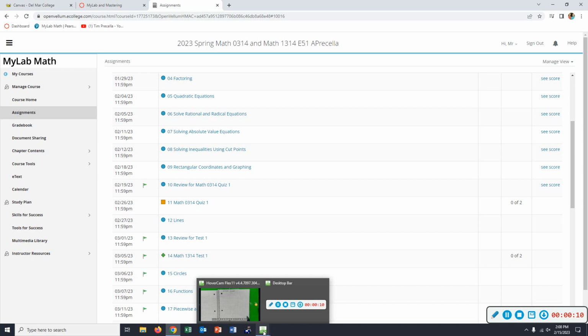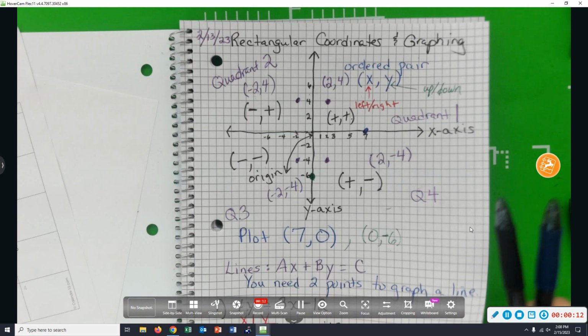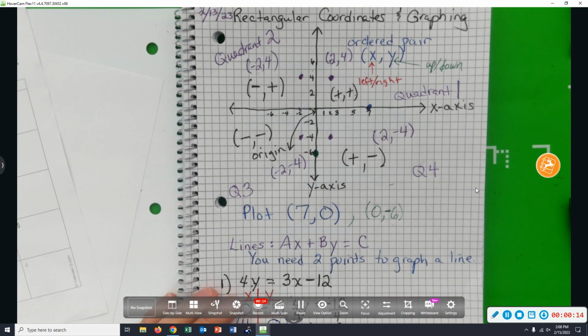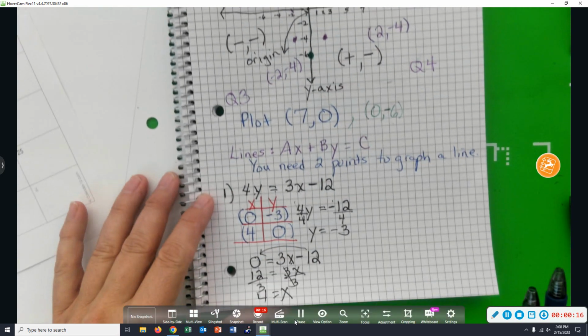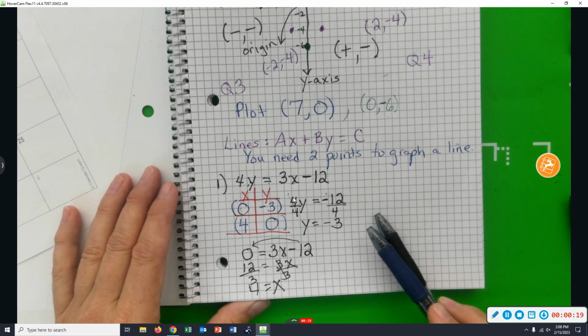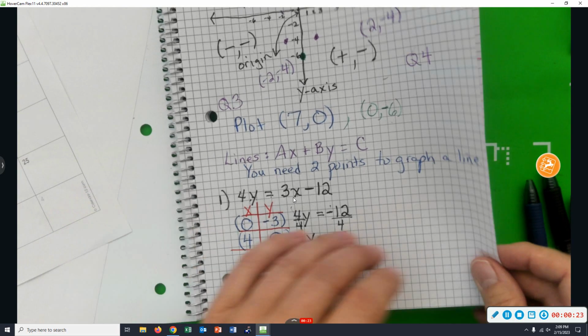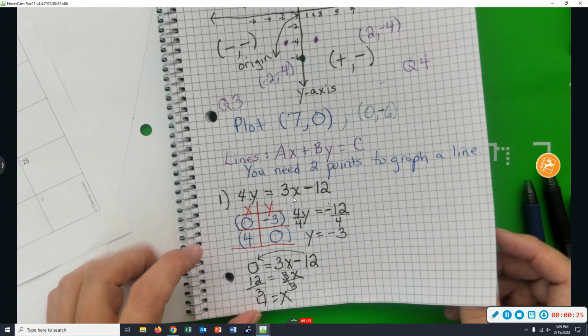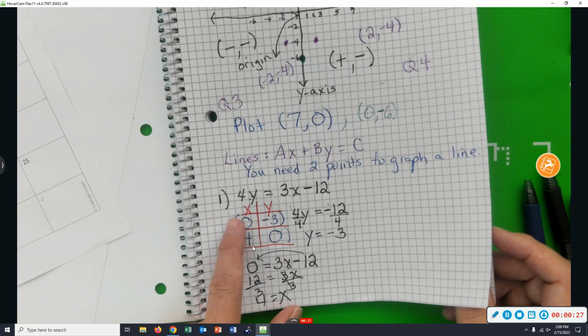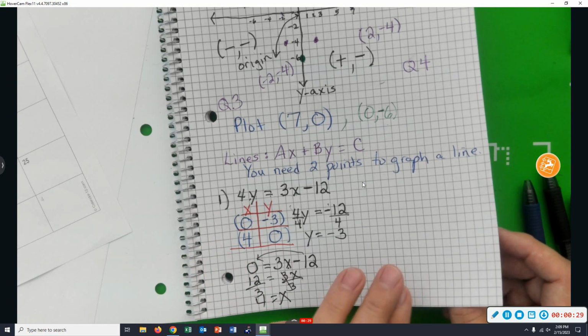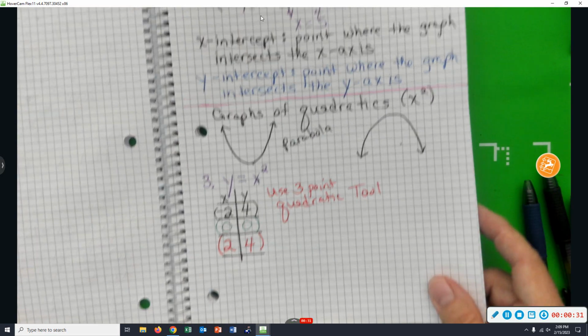If I remember correctly, y'all graphed lines using the two-point linear tool in the previous assignment, and we found intercepts, those points where the graph passes through the x and y axis.